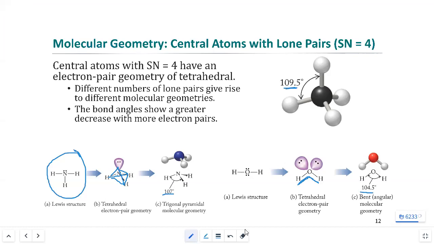Now, as I mentioned before, I don't care that you know that ammonia is 107 and that water is 104.5. What I want you to draw out of this is that the presence of that lone pair is going to shrink the ammonia.